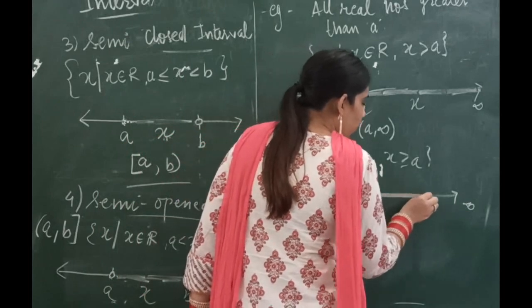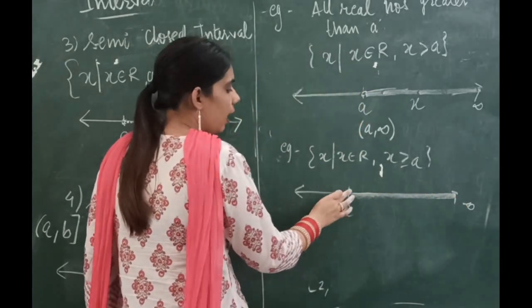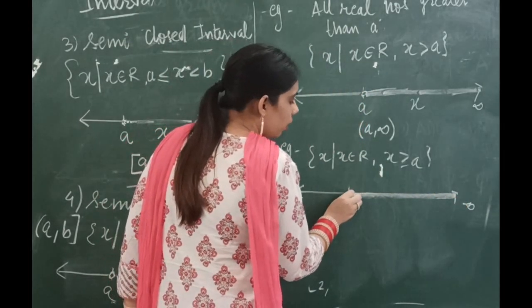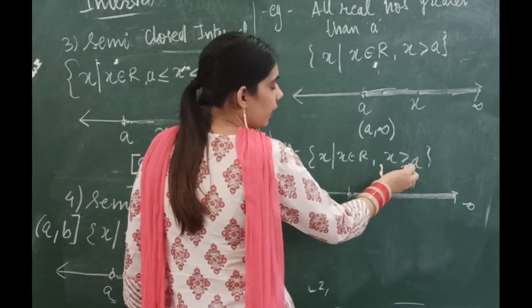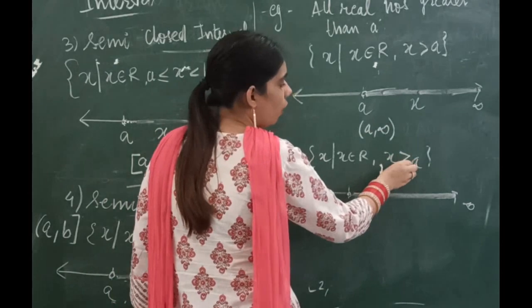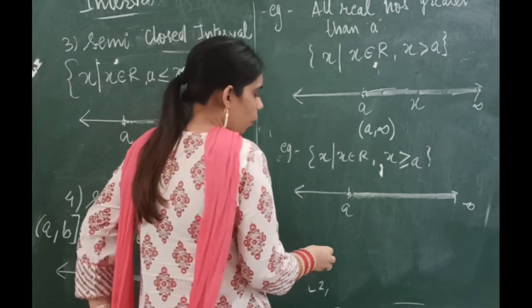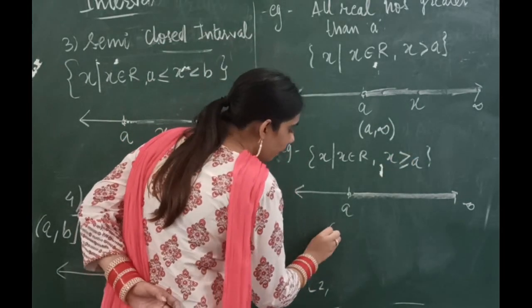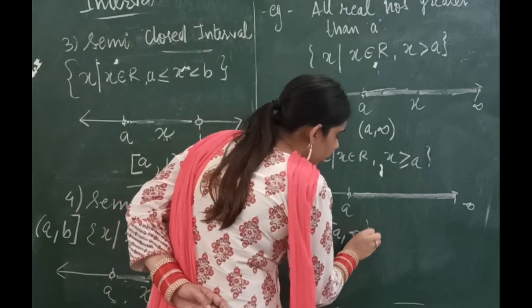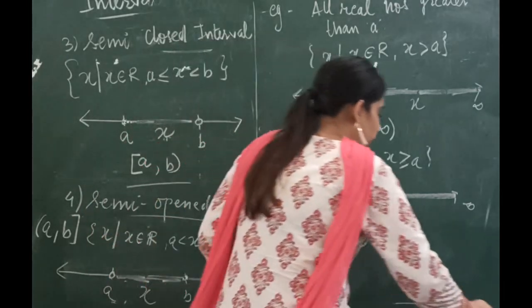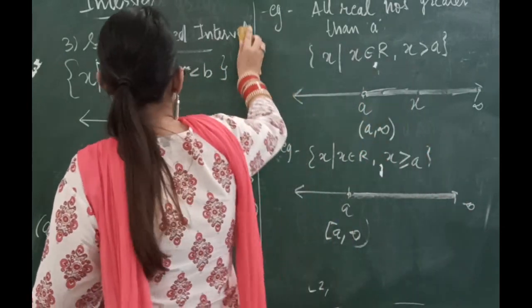I will simply bold this line and here I will put a solid dot because it says greater than or equal to. Okay, and how will I write it? I will write it in a closed bracket [A, infinity), and we know that infinity पे कभी भी closed bracket नहीं आता.